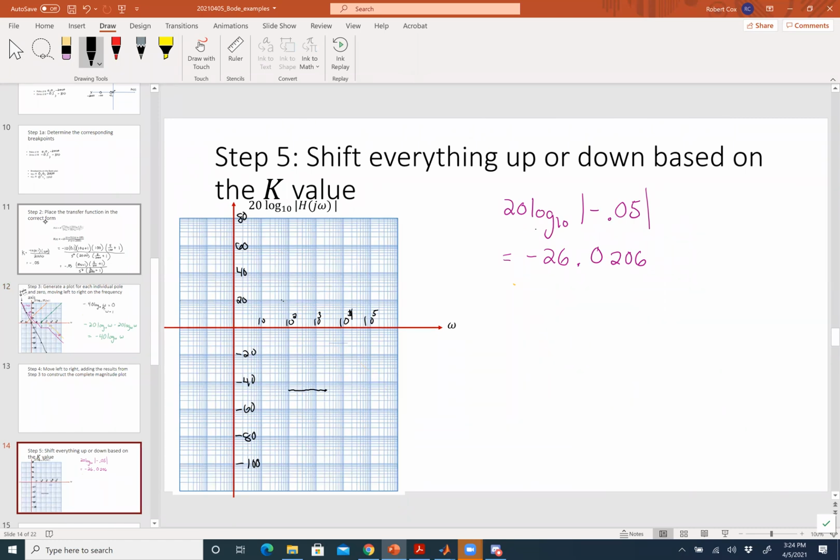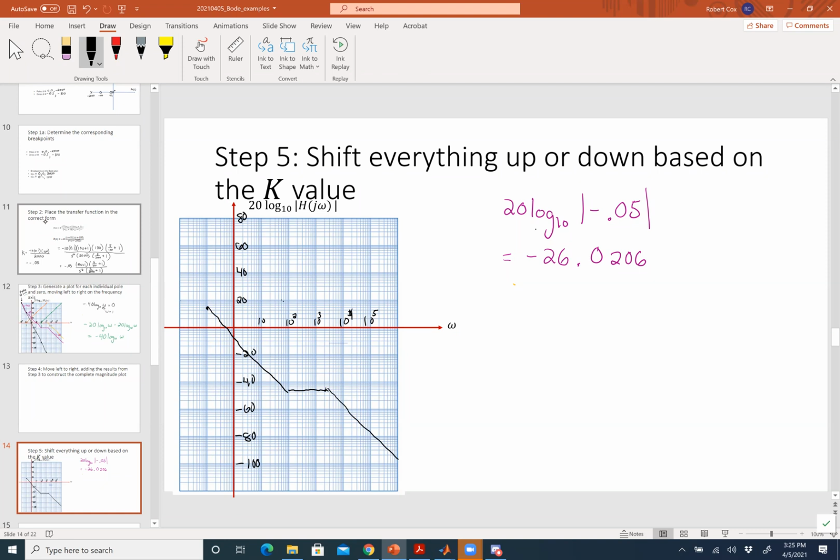So that would be somewhere around here. So this curve is going like this, leveling, and then falling at 20 dB per decade like that.